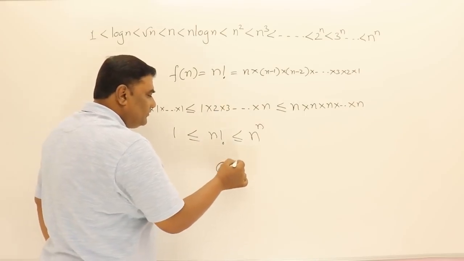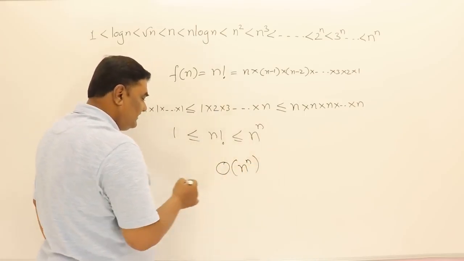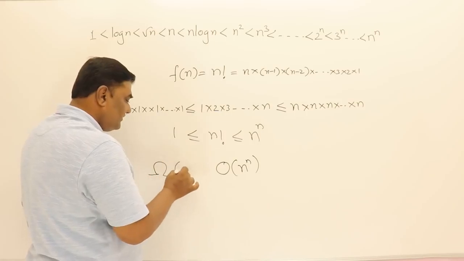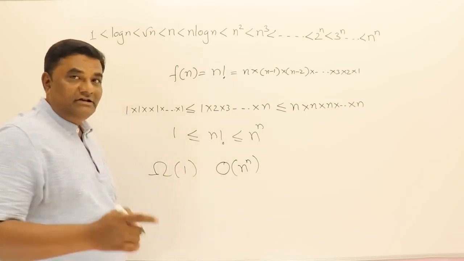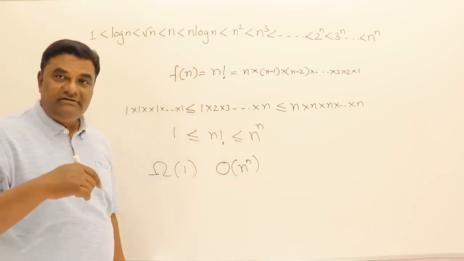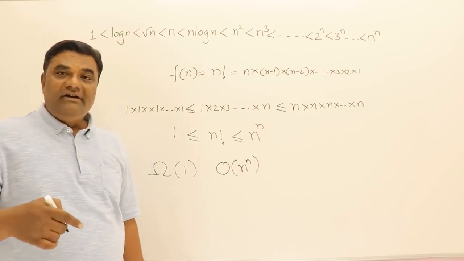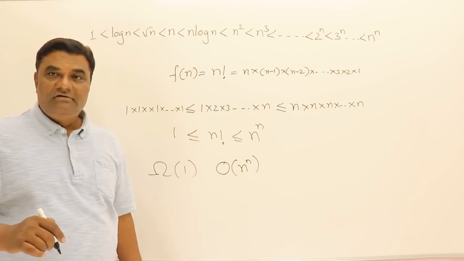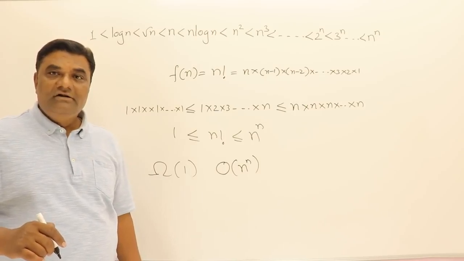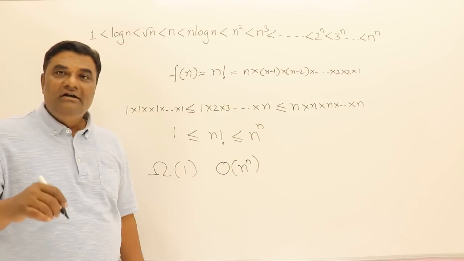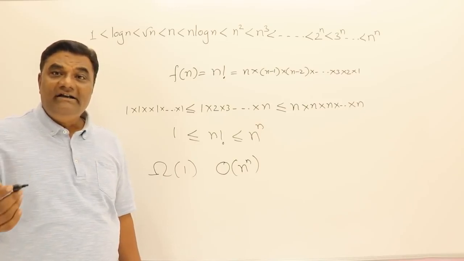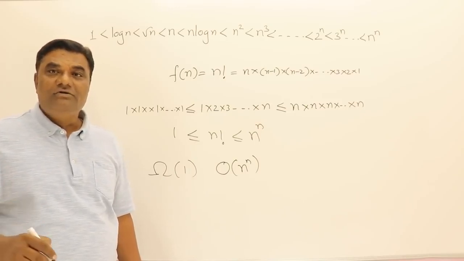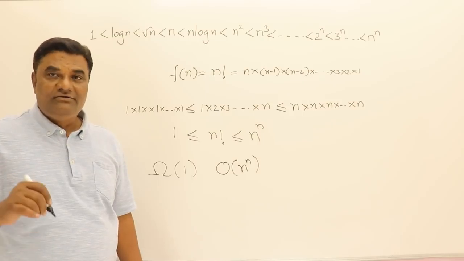I can write big O of n power n and omega of 1. So the lower bound for n factorial is 1. Upper bound for n factorial is n power n. So here we cannot find the tight bound or average bound or theta for n factorial.